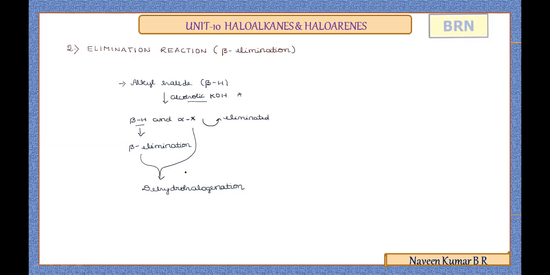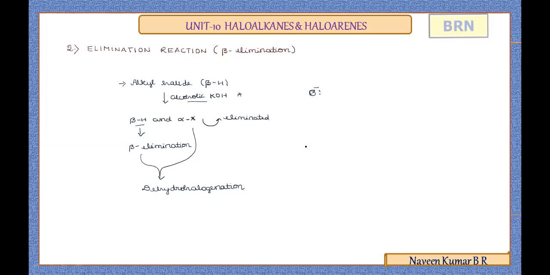Now, let us observe a simple illustration of how this beta elimination takes place. If we treat an alkyl halide with a base, we'll assume B minus is the ion generated from a base.